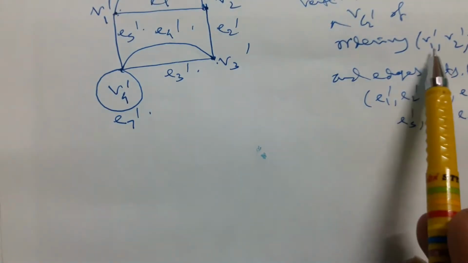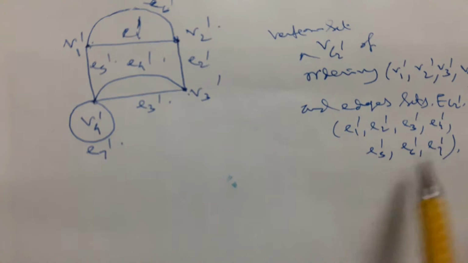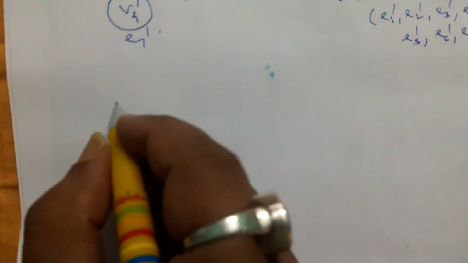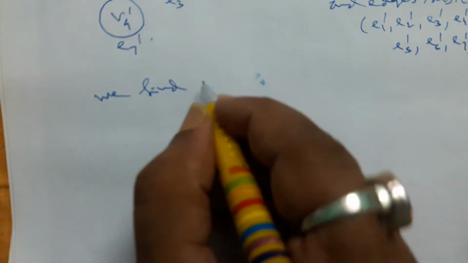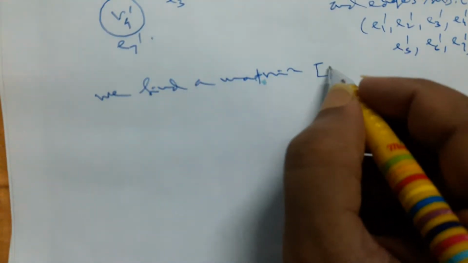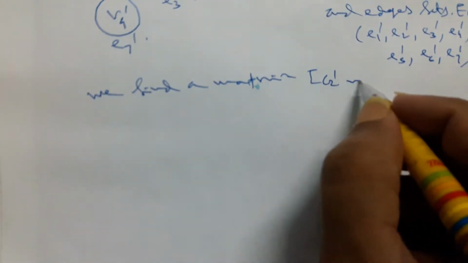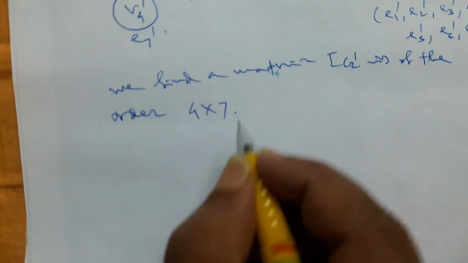The vertex set consists of 4 vertices and the edge set consists of 7 edges. So we find a matrix I(G') of order 4 by 7.